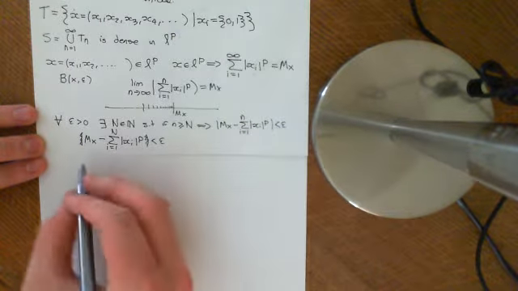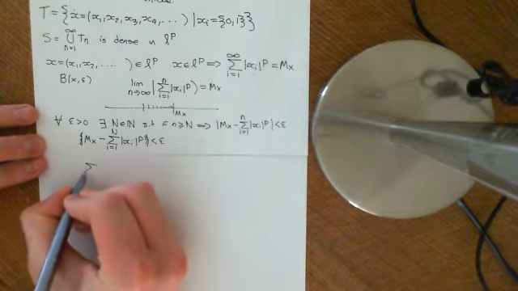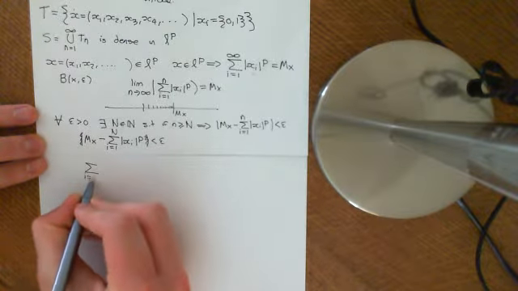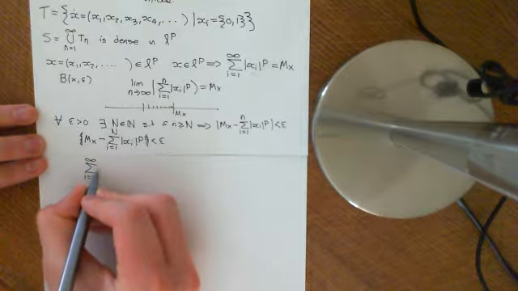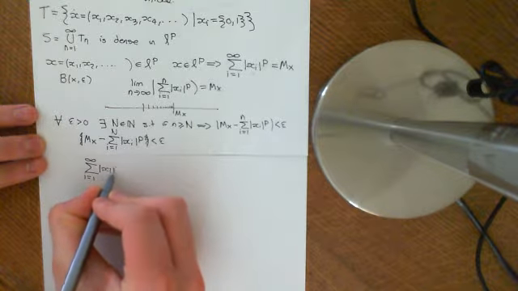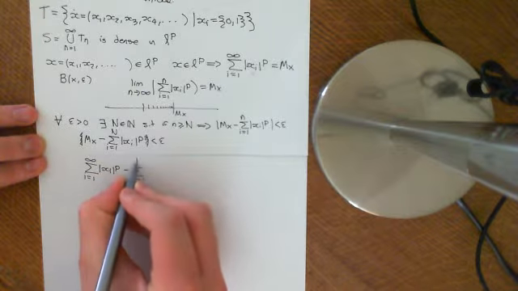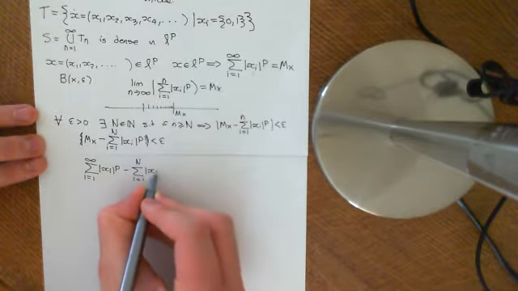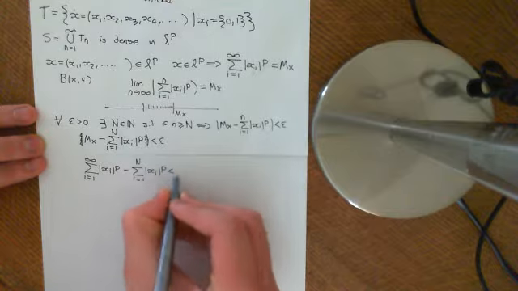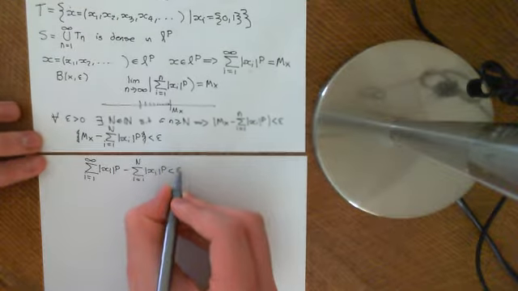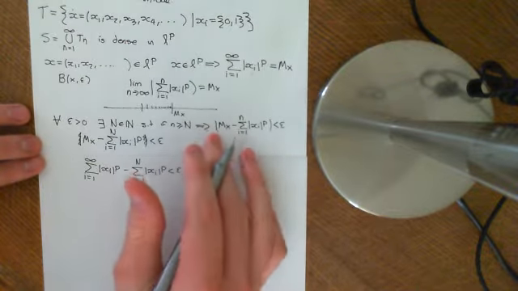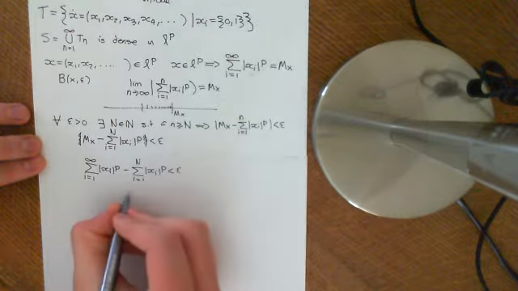So if I replace mx with this infinite sum, I get that the sum from i equals 1 to infinity of the modulus of xi to the power of p minus the sum from i equals 1 to big N of the modulus of xi to the power of p is less than epsilon, where epsilon is any real number I like. So I can make this arbitrarily small, okay?